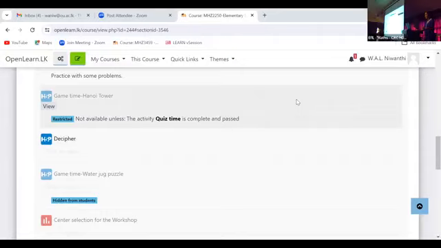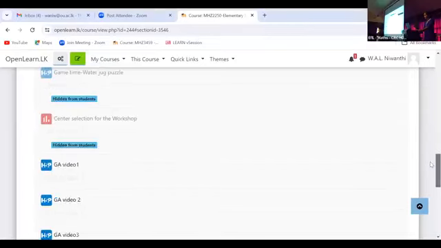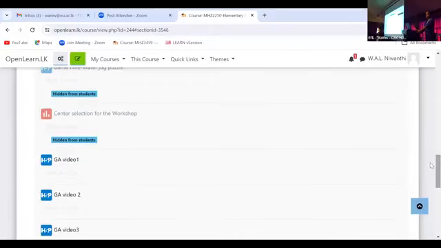Please form groups, 6 students for one group. You can have more. For example, if the center has only 9 students, you can be in one group. So again, please log into your LMS course because everything is there.